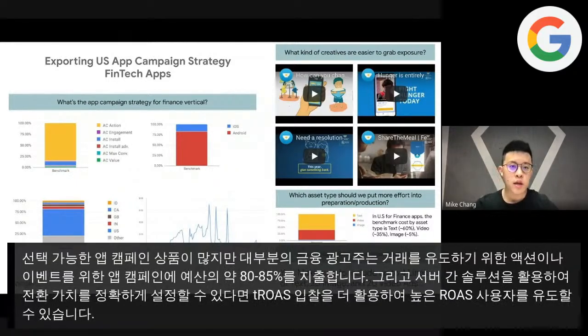While we have many app campaign products to choose from, we can see that the majority of finance advertisers will spend around 80 to 85% of their budget on app campaign for action to drive transactions or in-app events inside of your app, which matters to your finance business.